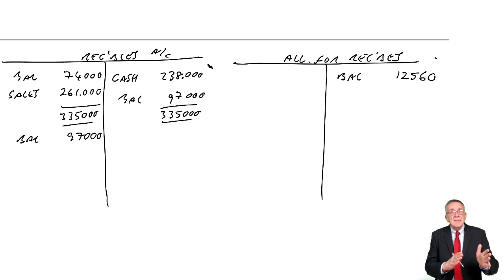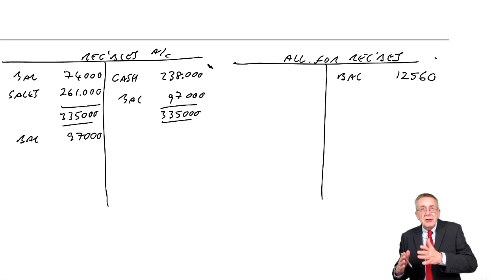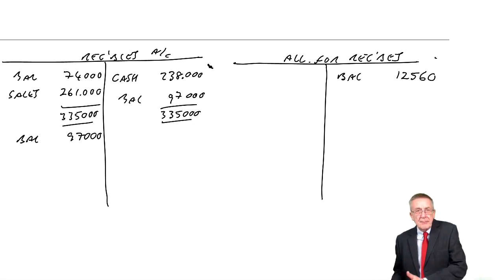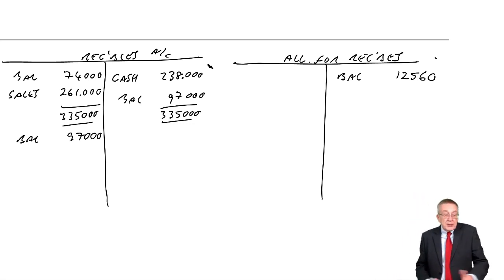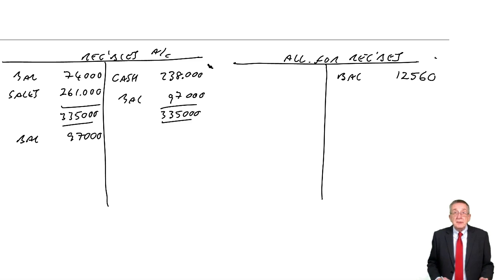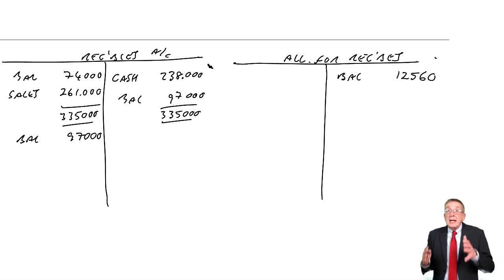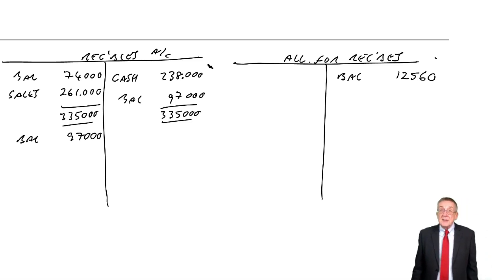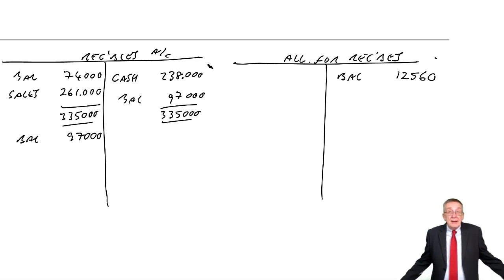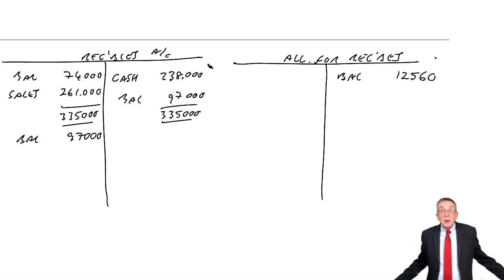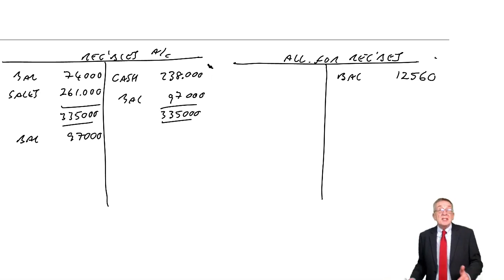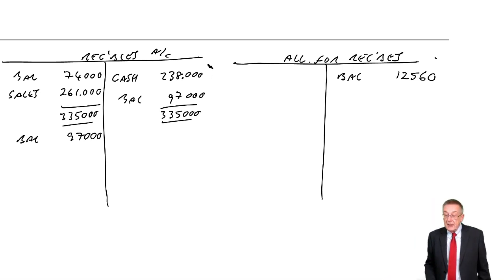Well, last year we had the expense of removing him. Had we known he was going to pay, we wouldn't have removed him. But it's too late now. Last year we had the expense. When he comes to pay us, he didn't owe us anything anymore. It's a bit of extra income. It's like a negative expense.